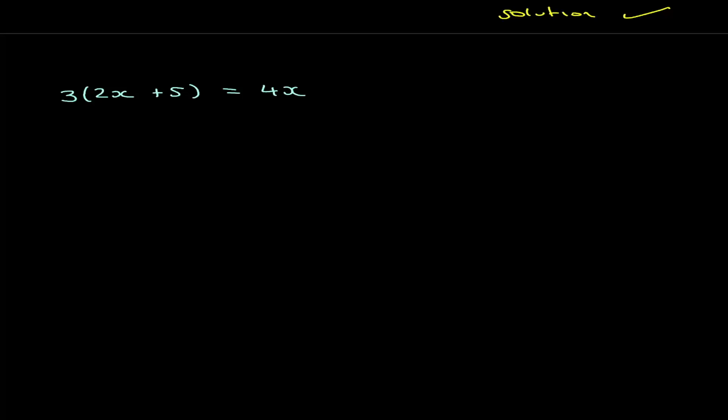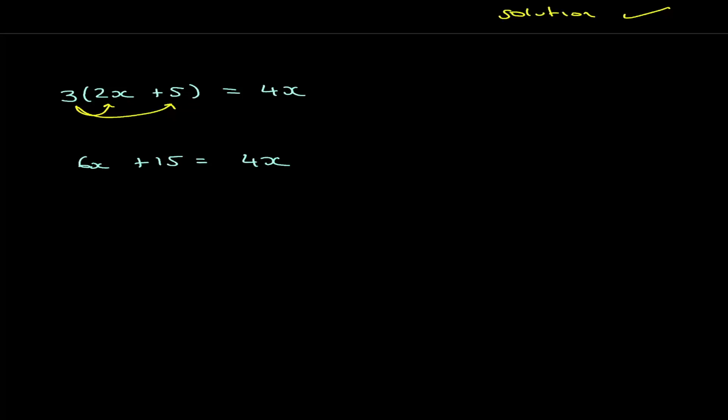Step 1, let's expand the bracket. So you're going to do that times that, which is 6x, and then that times that, which is positive 15. And we have 4x on this side. Now we need to rearrange this so we have x's on one side and numbers on the other side.